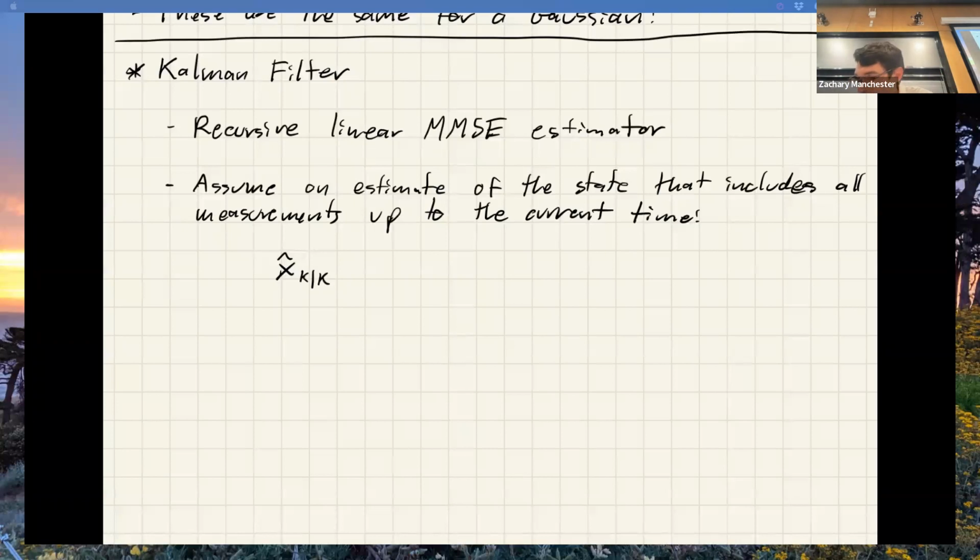We're going to use that shorthand notation to mean, if I wrote it out rigorously, the expected value of x_k given the y's from time 1 through time k. There's another way to write that, so we're going to use that notation on the left. Okay, cool. We're going to assume we have that, and we're also going to assume that we have the error covariance on that guy.